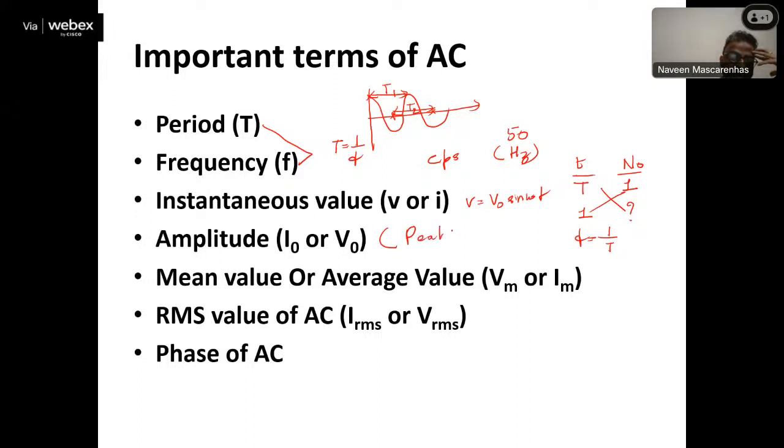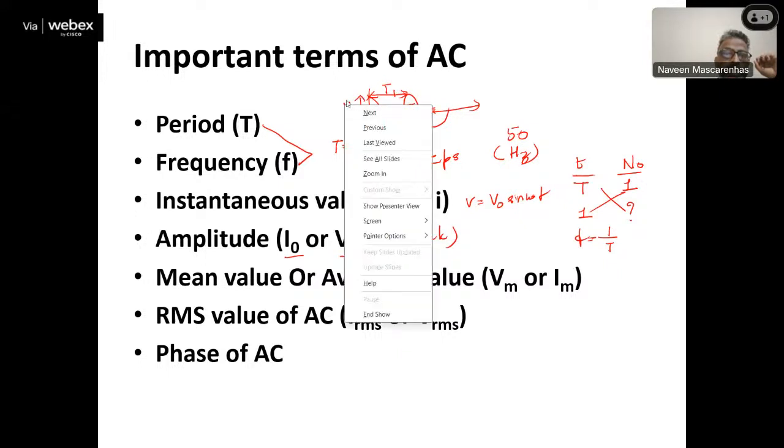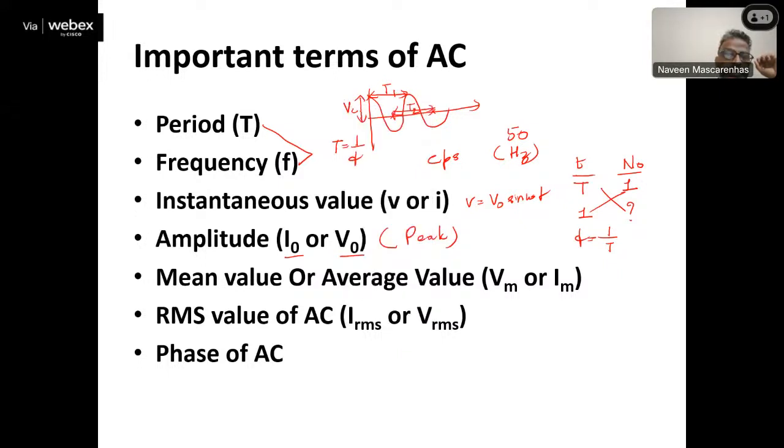Remember, peak value is also called amplitude, and it's denoted by I naught for current, and for voltage it is V naught. Amplitude, peak value, is the maximum value taken by an AC quantity in any half cycle. For example, in this diagram which I have drawn already, this is my peak value. If this is voltage, then this is V naught.